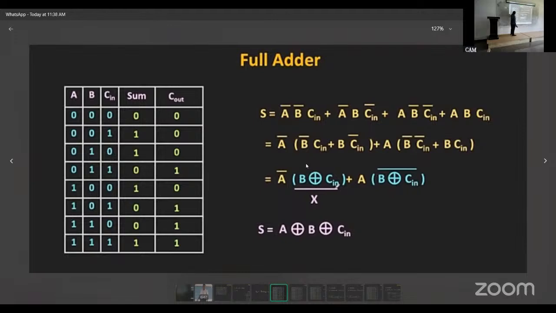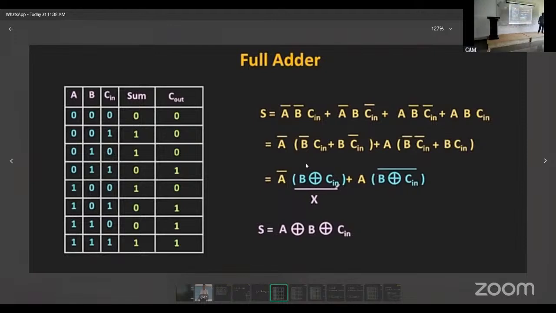A bar B bar C in plus A bar B C in bar, then A B bar C in bar, plus A B C in. This is the same equation which is implemented by the truth table.